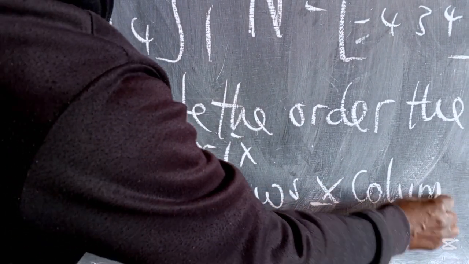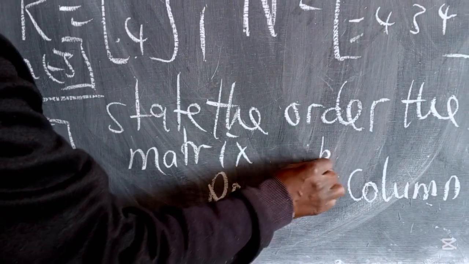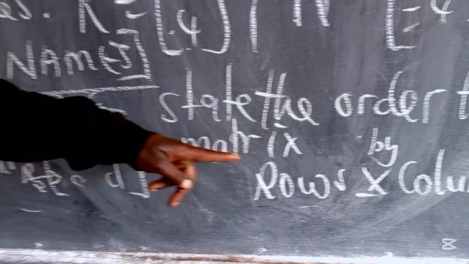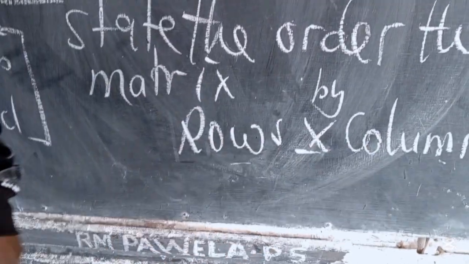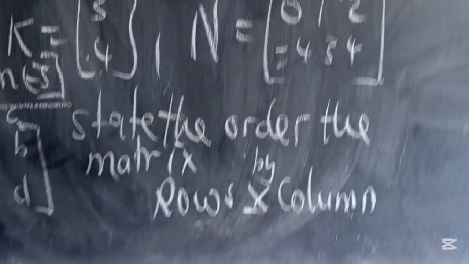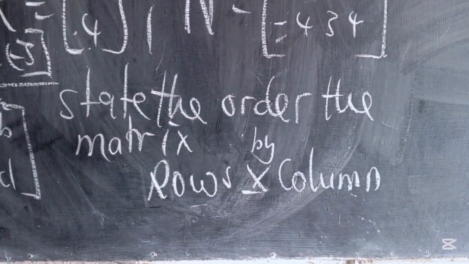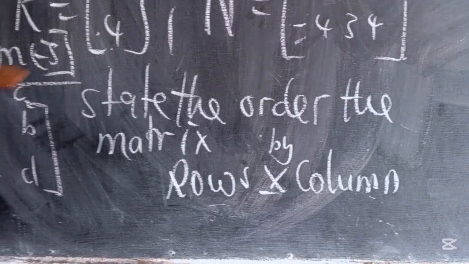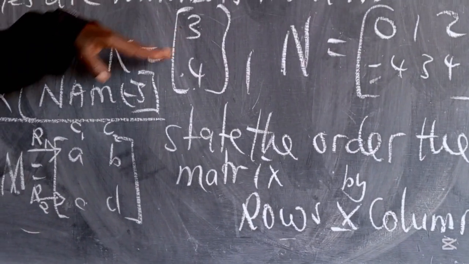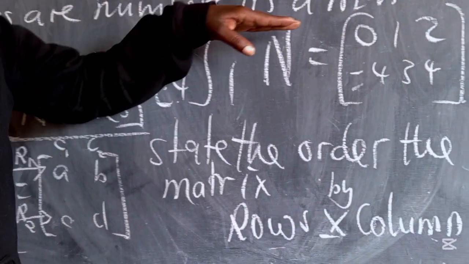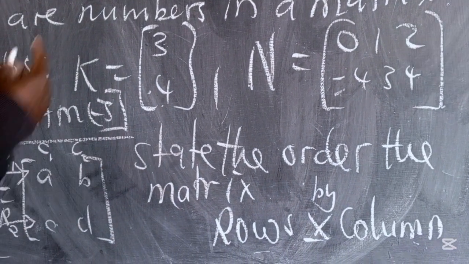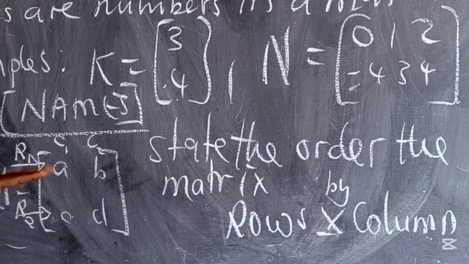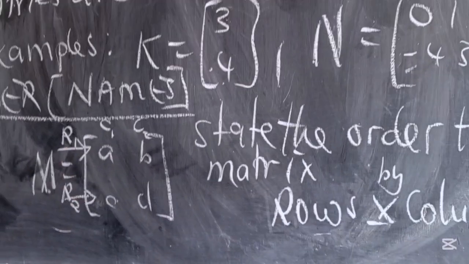Times in mathematics means by. So rows by columns, or you just say rows times columns. That is what we are calling stating the order of the matrix. For example, this one has 2 rows, 1 column. This one has 2 rows, 3 columns. I will now show you how to answer such a question if they say state the order of the matrix.